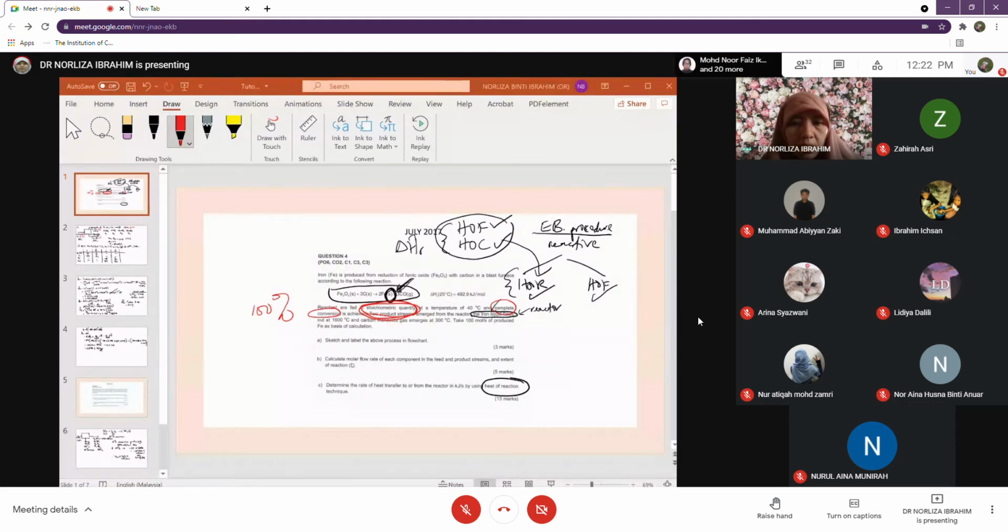Your reactants are fed in stoichiometric quantity. Wait, let me enlarge this a bit. Why can't I do this? I should not pin this.